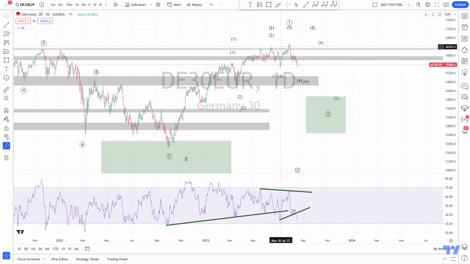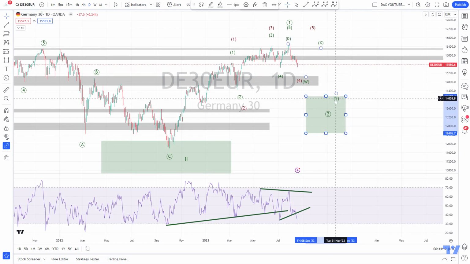So as an investor, I think the moment to buy is somewhere here. We need more data, like after the completion of the WXY structure, or if it becomes an ABC, after the ABC is finished, then I would buy again.